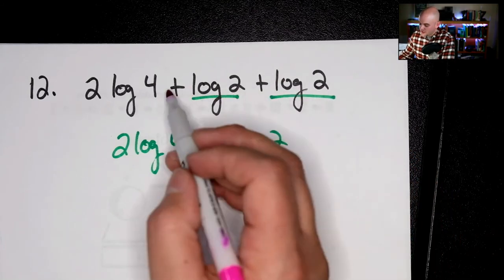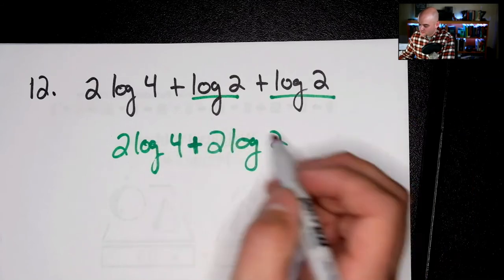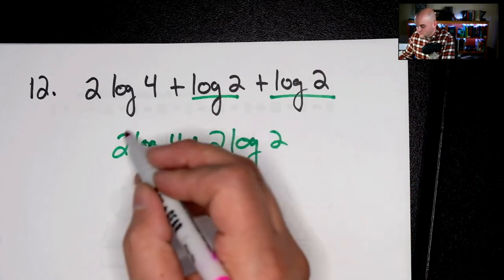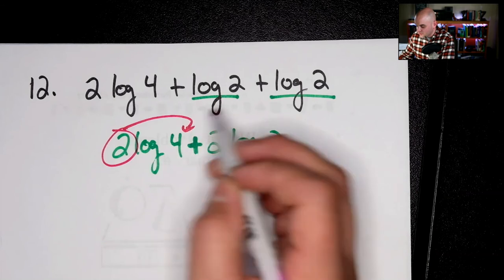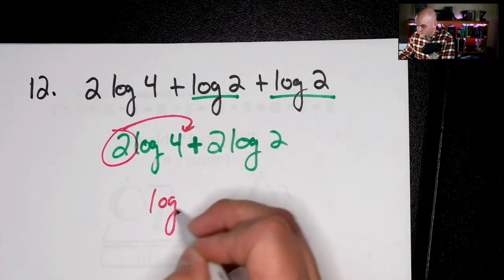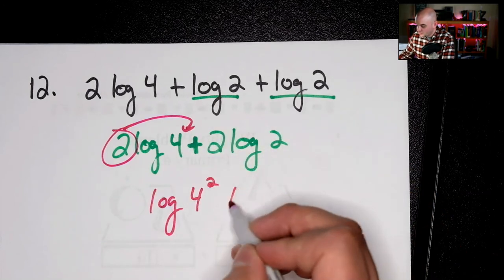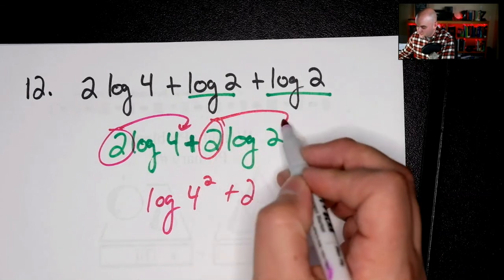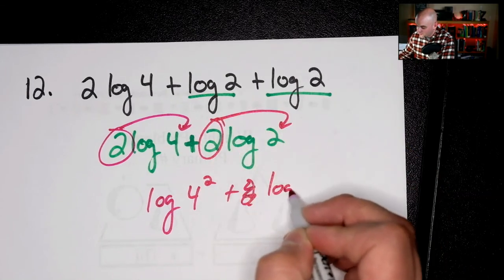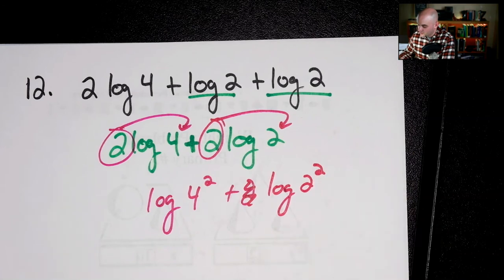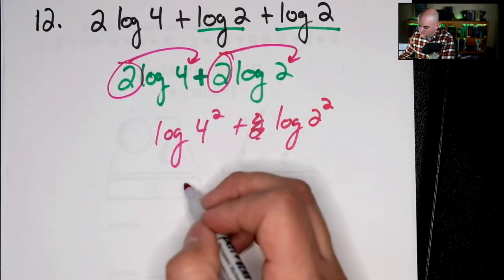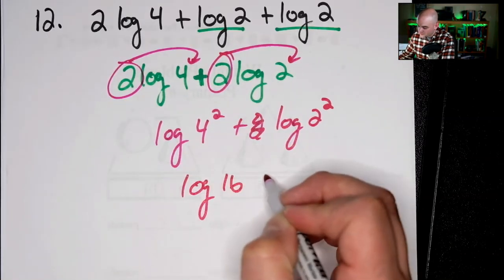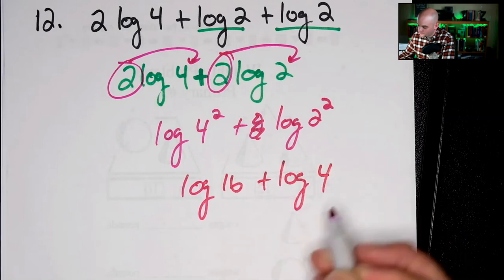And I jumped to that because everything's being added here. Addition is commutative. So looking at this right here, I can take this 2 and move it up top. And that gives me the log base 10 of 4 squared plus, let's go and move that up top too. Why not? And we get log base 10 of 2 squared. So that's log of 16 plus log of 4.